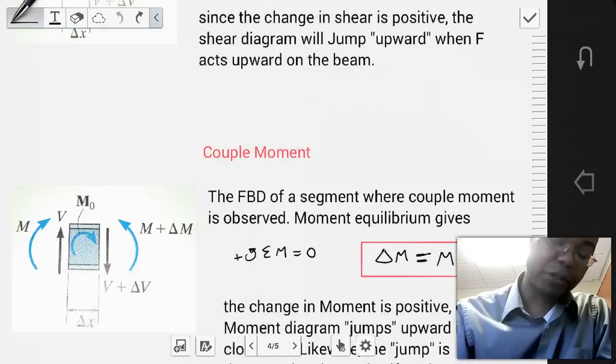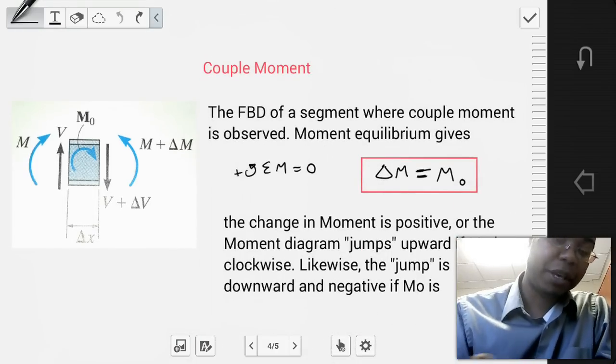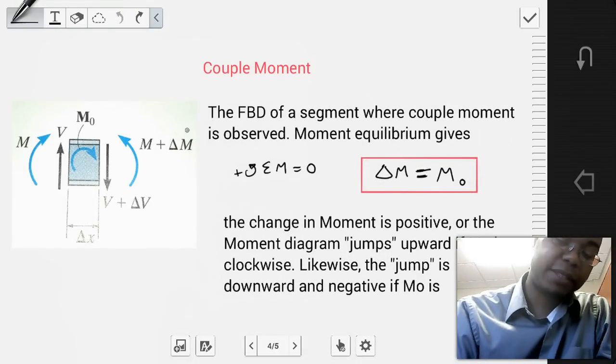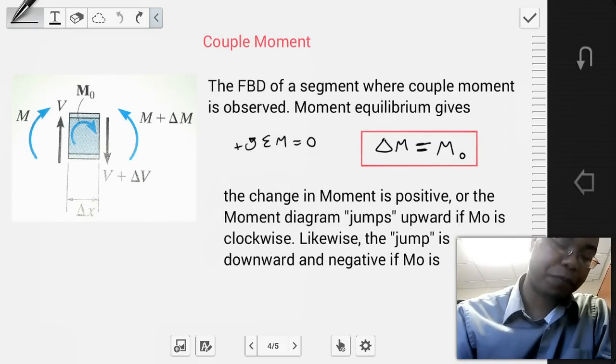Now let's look at the example of a coupled moment. If we have a segment of a beam where a coupled moment is observed, we can apply the moment equilibrium equation. And we'll find that the change in the moment is going to be equal to the magnitude of the coupled moment that is applied in the body. So the change in the moment is positive in this case, so the moment diagram will jump upwards if the moment is clockwise.